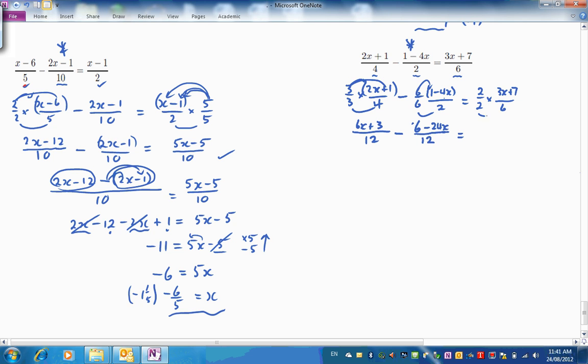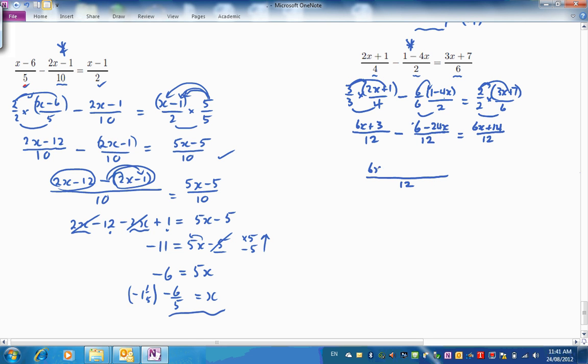So here, have we got a common denominator of 12? Yes. And it's 2 lots of all of this. So it's 2 lots of 3x is 6x, plus 2 lots of 7 is 14. Let's collect all the terms up over here, all over 12. How many 12ths have we got?